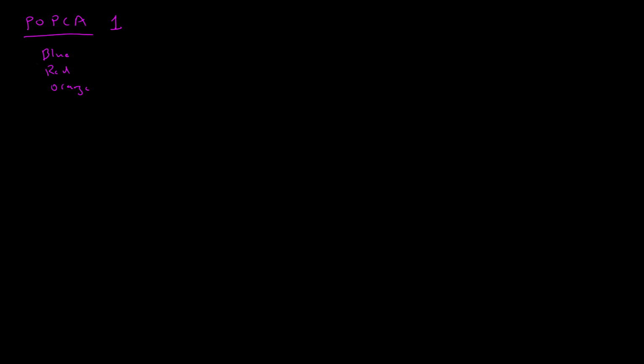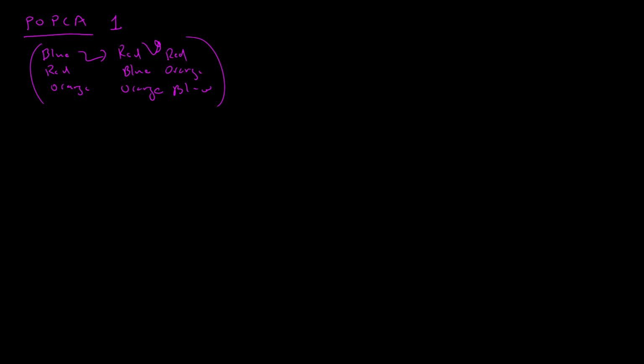Well, if I wasn't categorizing them, red, blue, and orange would be the same thing. And so would red, orange, and blue, and so on and so on. And so out of all possible colors, these are the same thing.